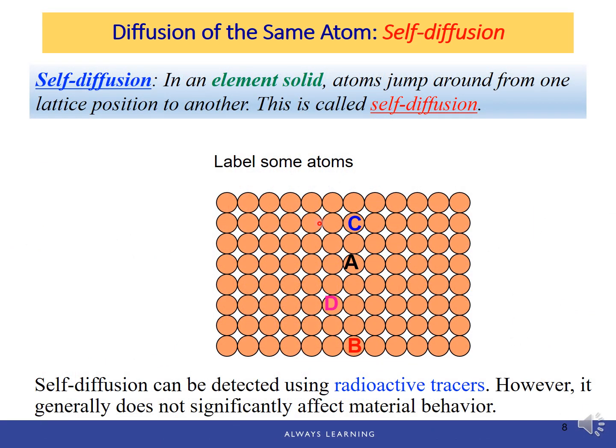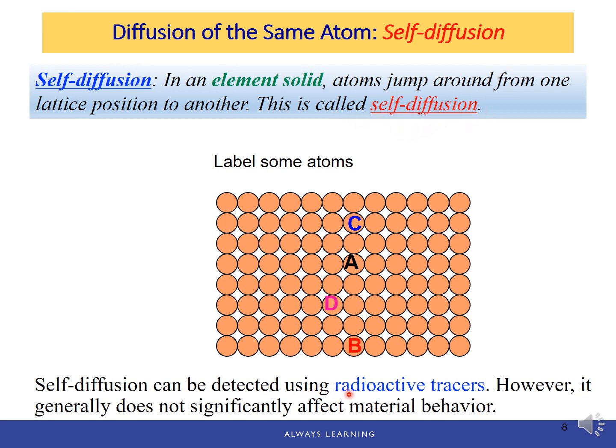We just mentioned self-diffusion. Self-diffusion happens in an elemental solid where there's no second type of atom, only one type of atom, for example, in pure copper again. In an elemental solid, or in any solid, the atoms are not just staying at their position forever, but atoms jump around from one lattice position to another, and this is called self-diffusion.